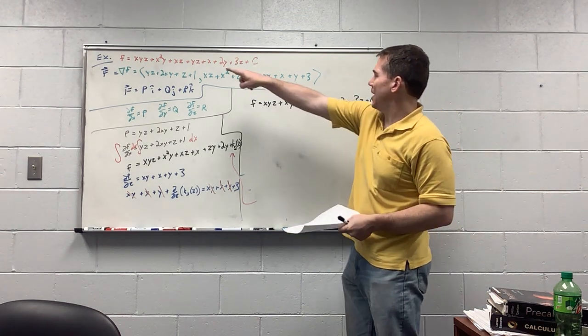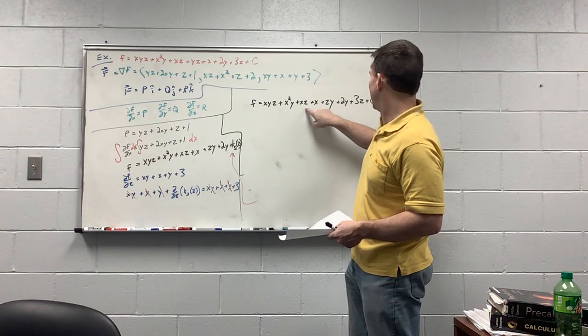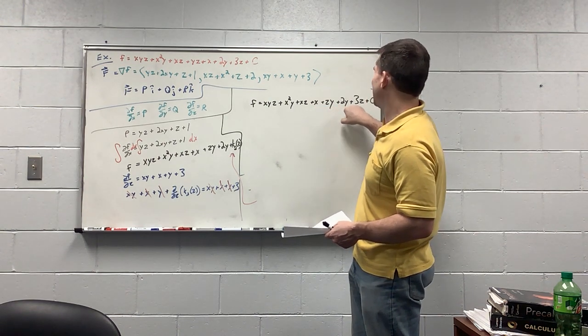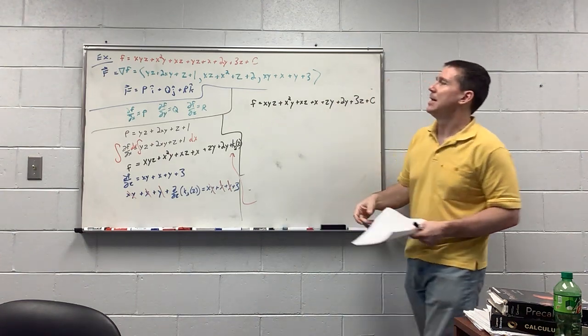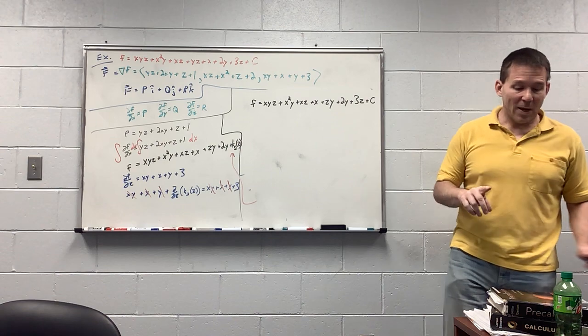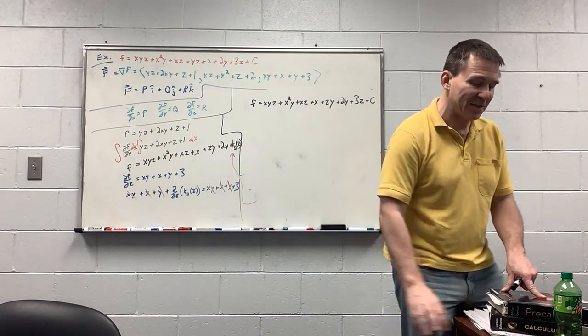And now if I look over here, xyz plus x squared y plus xz, there's my yz plus my x, I reversed the order. 2y, 3z, constant c. And I found my function f. Which means when you are solving these problems, that is exactly what you're going to have to do.